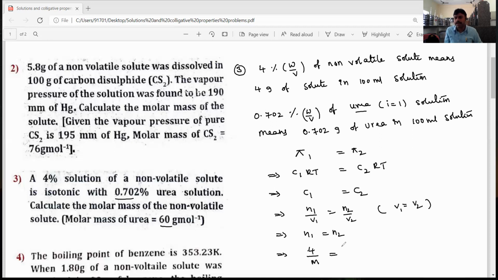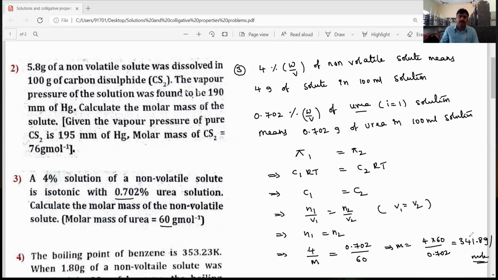We need to find out M. 4 by M is equal to the weight of urea, 0.702 grams, divided by 60. Then M is equal to 4 into 60 divided by 0.702. On simplification we get 341.8 gram per mole.